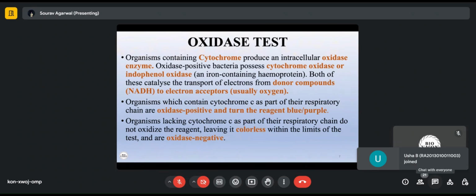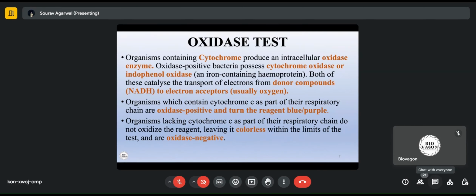There is oxygen and it accepts the electron which is given up by NADH. In that particular step, cytochrome oxidase helps in the shuttling of electrons from NADH to oxygen.